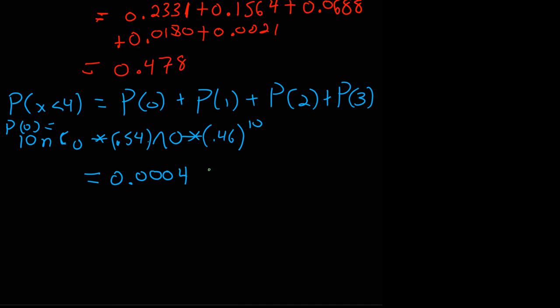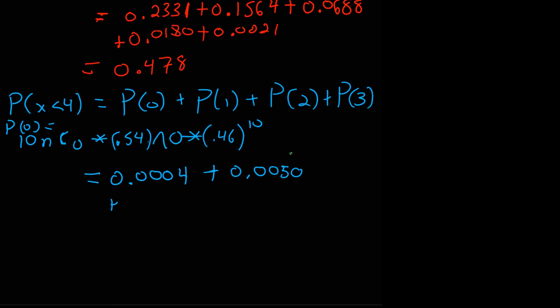And keep 4 decimal places, then add up. So the probability of 1, I do 10 NCR 1 times 0.54 to the 1st times 0.46 to the 9th. And that gives me 0.0050, rounding up. And so that's the probability of 0, that's the probability of 1. I'm going to do the probability of 2.